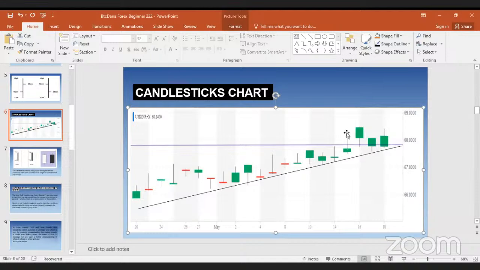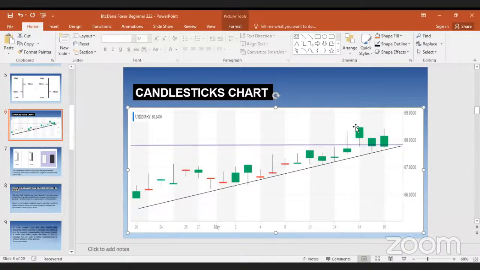We call this rejection. This long wick means rejection. This line here, the market rejected it. The bullish market is supposed to go up, but it rejected, so it created a long wick, a long shadow, whichever you want to call it. Wick and shadow are the same thing. I like to call it stick. You can even rename it yourself, it doesn't matter.